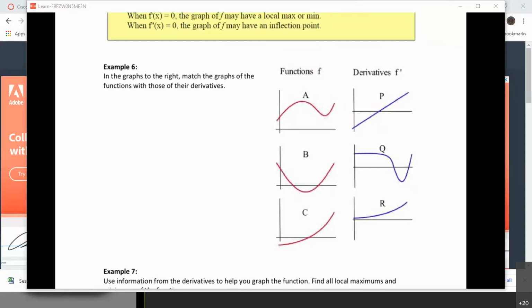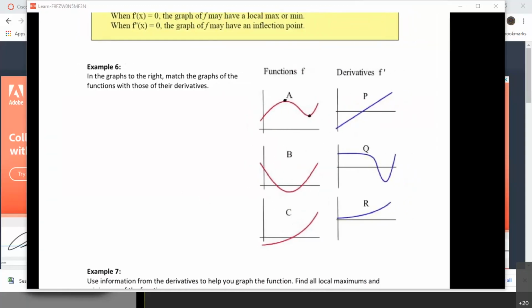Okay, folks, I know not everybody's finished, and that's fine, but let's just come together so we're all on the same page with this one. I'm going to start with graph A here. If I look at graph A, how many extrema do I see? How many turnaround points? Maxes, mins? Well, I see one here and one here. What does that tell you about the derivative?